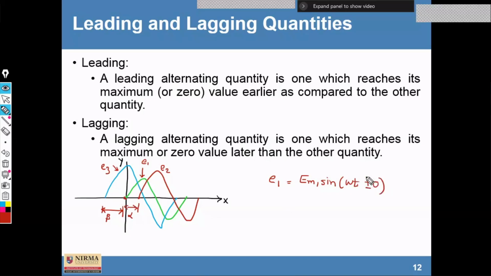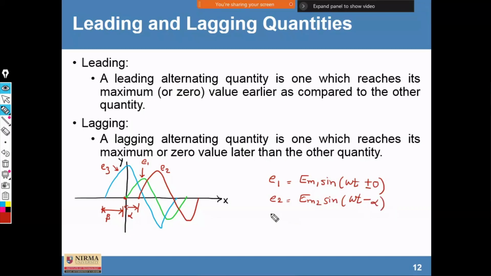Similarly, E2 is equal to EM2 sine omega t minus alpha. And for E3, again the amplitude is a different value, so we can say EM3 sine omega t plus beta.